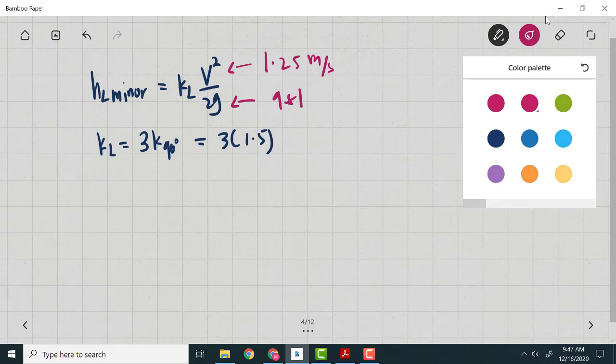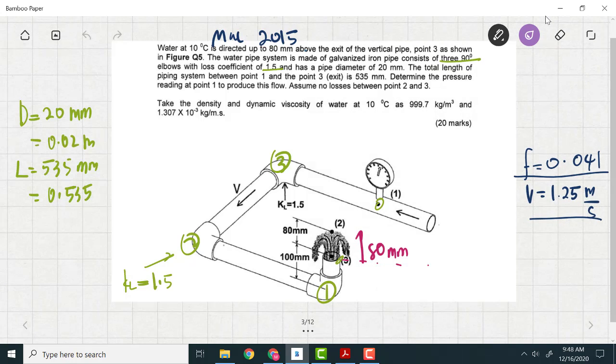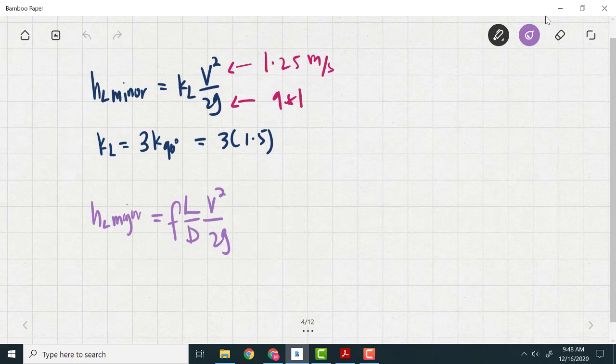The next one is the H major. So HL major. Okay, so we have F, we have L over D, we have V square over 2G. So F awak pun dah cari 0.041. So just substitute the value saja, 0.041.